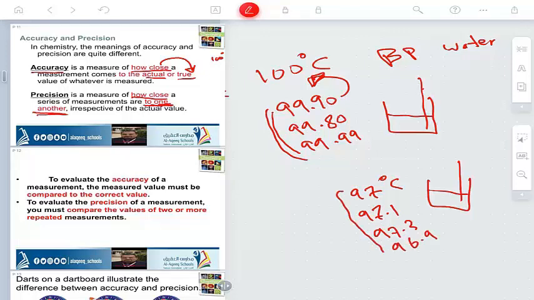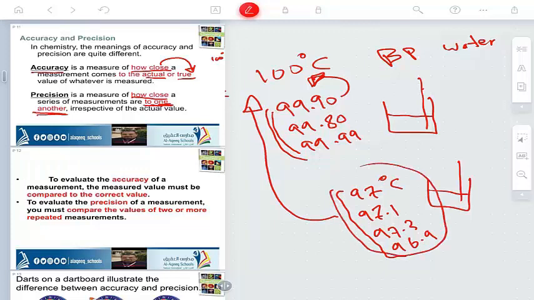All of them are close to each other, yes, but they are not close to the true value. It means these values have precision, they are close to one another, yes, but not accuracy. Why? Because they are not close to the true value.